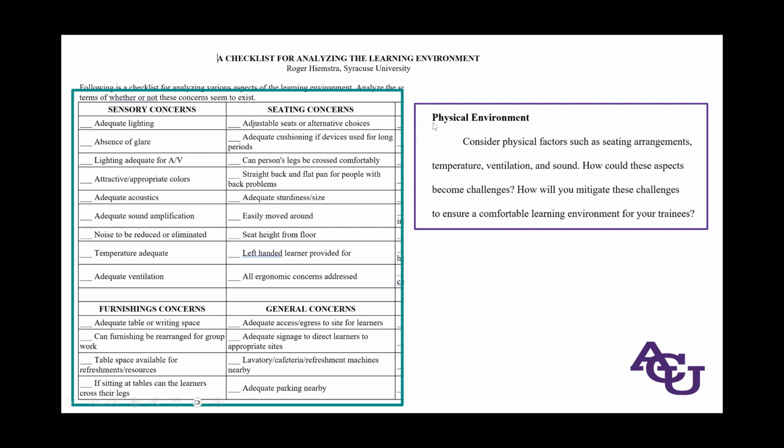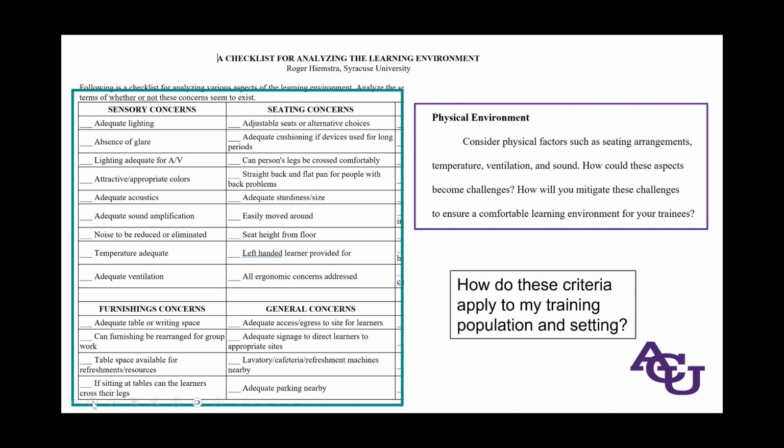And then for physical environment, your assignment reads, consider physical factors such as seating arrangements, temperature, ventilation, and sound. How could these aspects become challenges, and how will you mitigate these challenges to ensure a comfortable learning environment for your trainees? After we find our literature and consider the question, what do we need to do next?